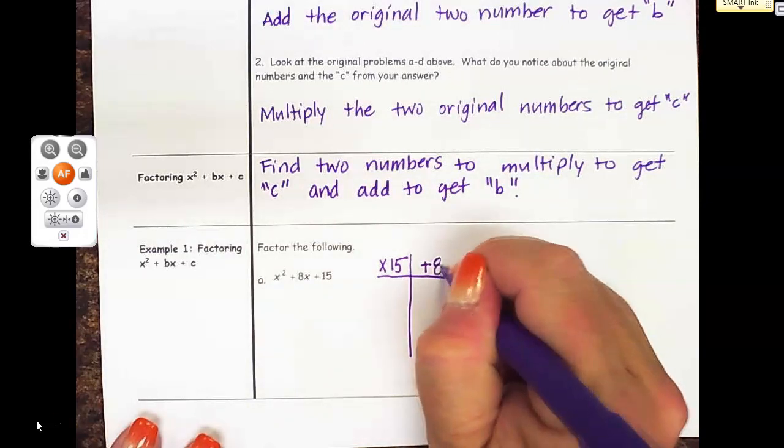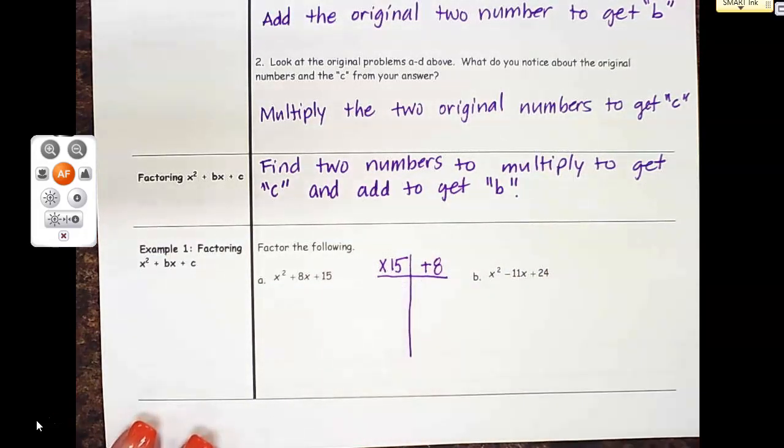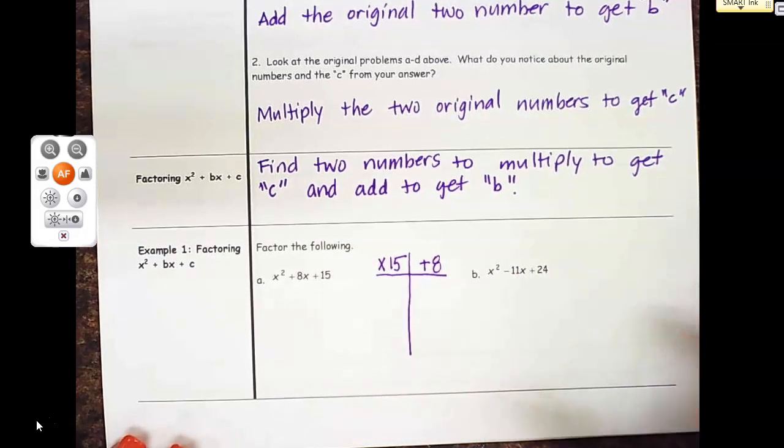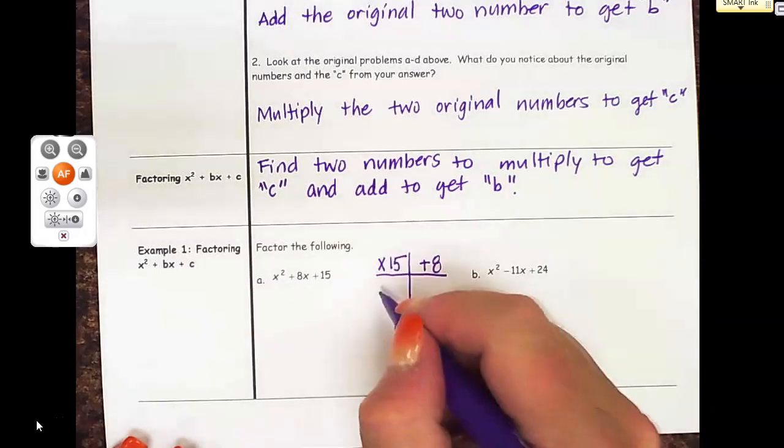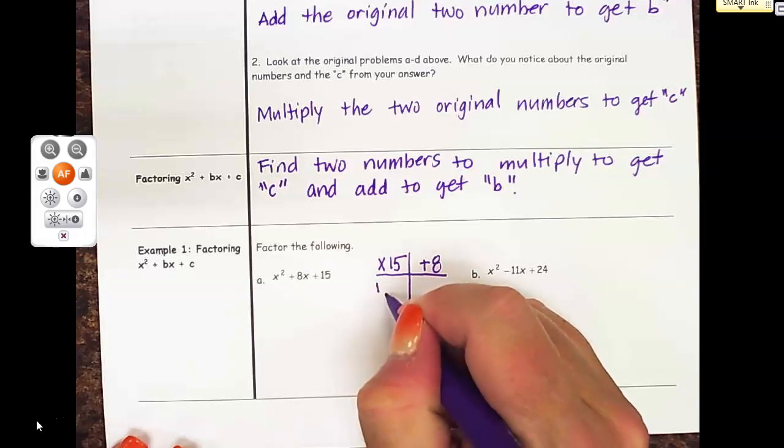So I'm sort of making a table here, and sometimes we're going to have to guess a few numbers before we get the right one. So I like to guess a few wrong choices before I get to the right one. So if I want two numbers that multiply to equal 15, I could say I'm going to try 1 and 15.